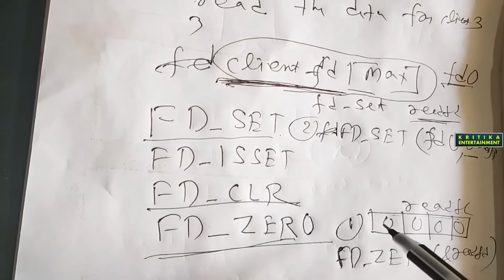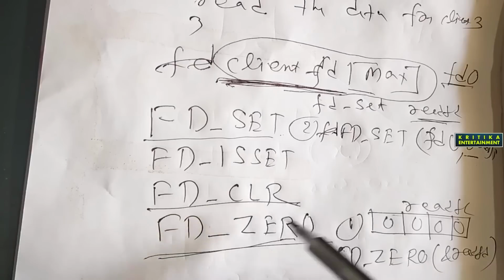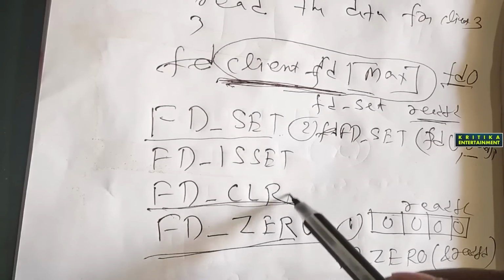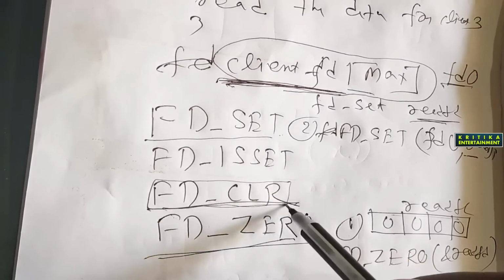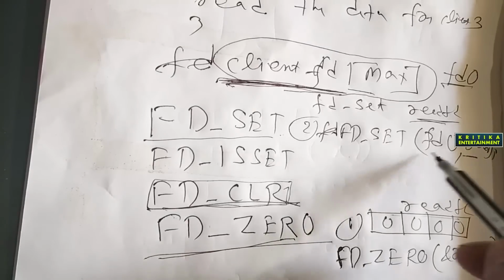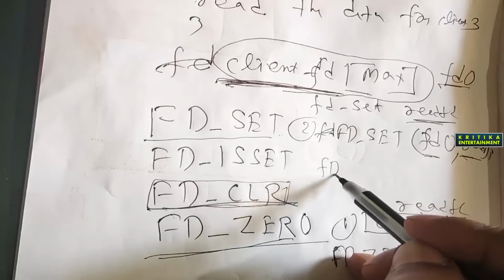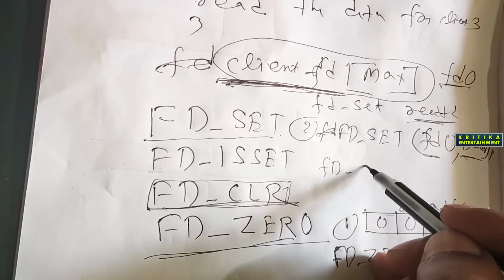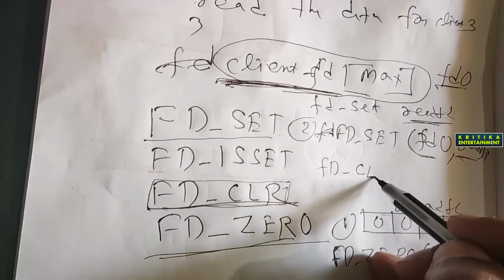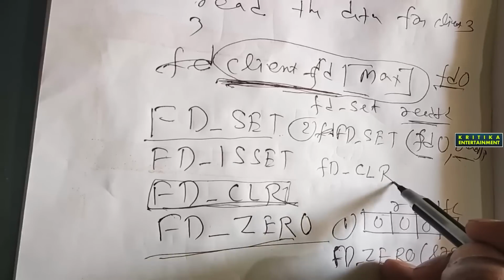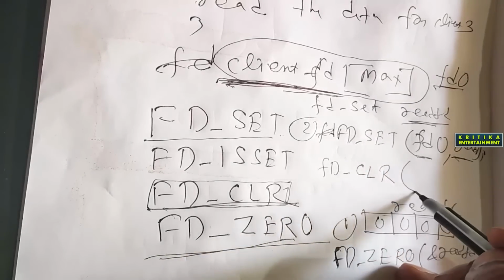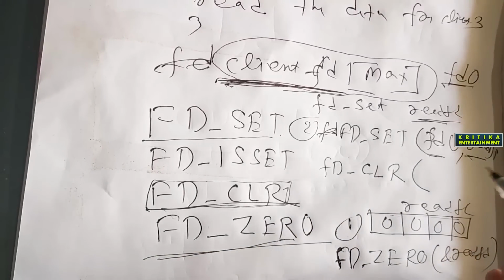Third, if you want to remove this FD from the read FD set, what will you write here? FD_CLR. What to write here?